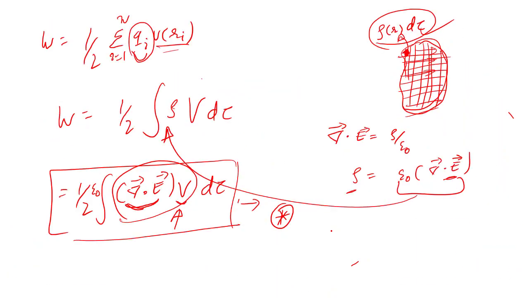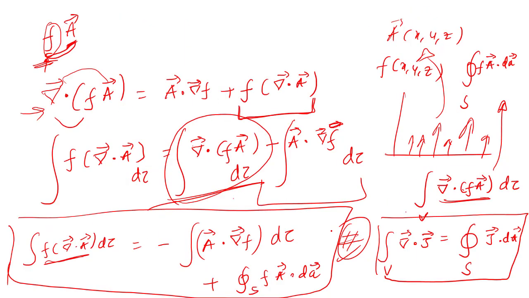So we have the total energy to be epsilon naught by 2 times the volume integral of divergence of E times V d tau.